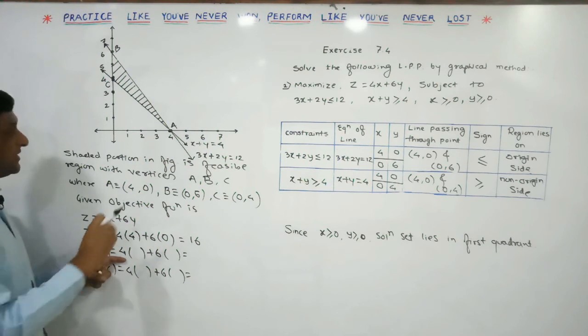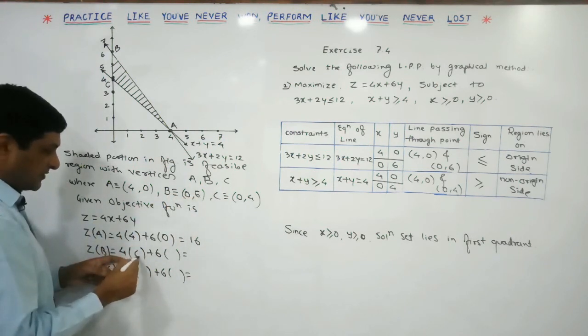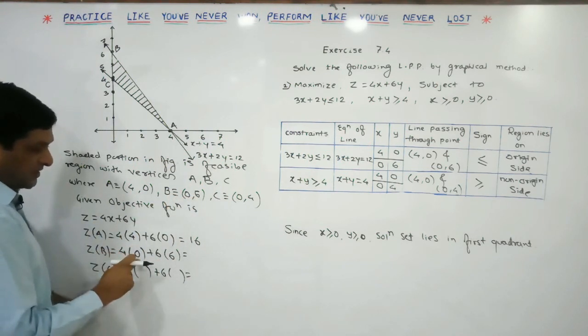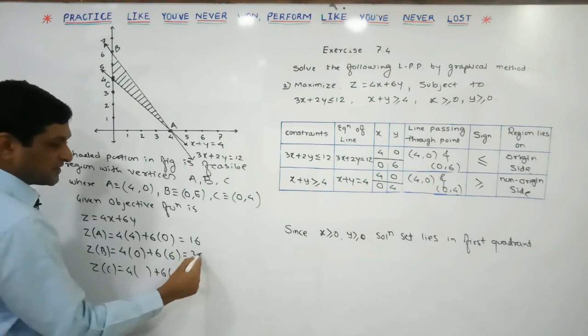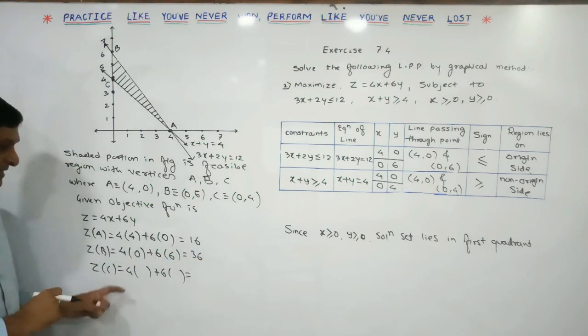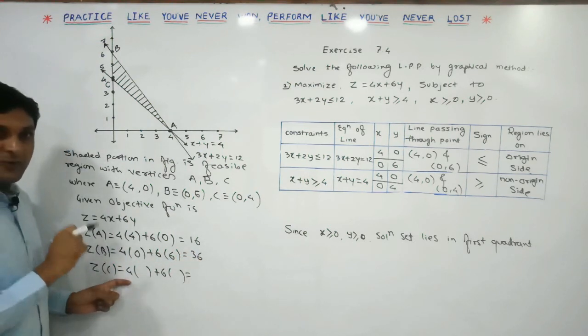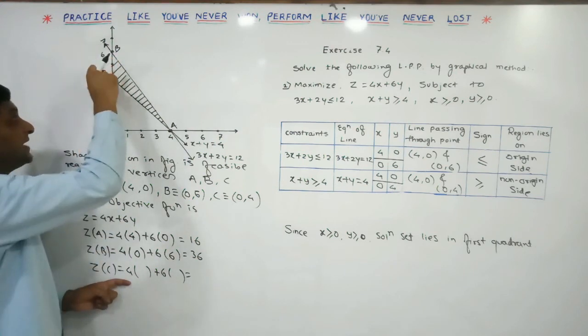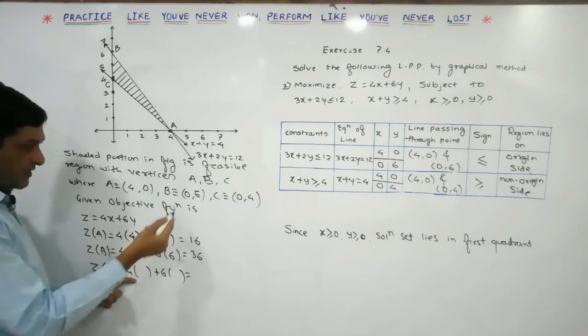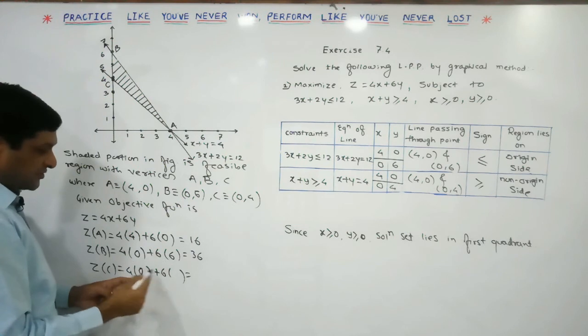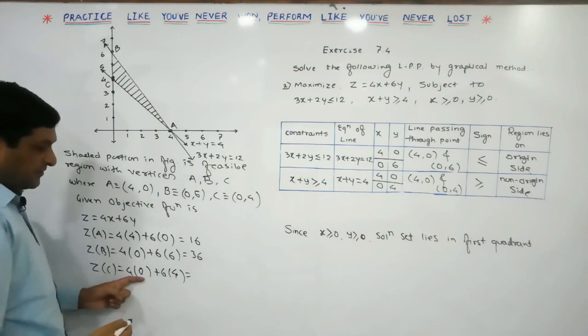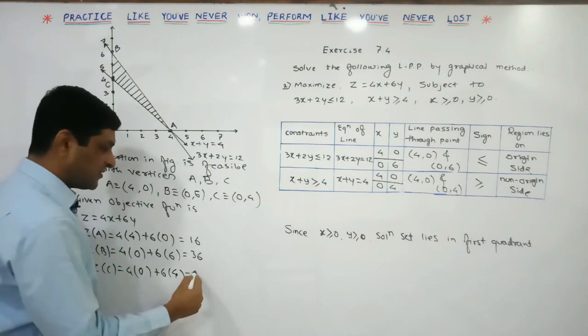For the point B, what are the coordinates? (0, 6). So here we will get 0 and here we will get 36. 6 sixes are 36. Lastly, let us find out the value of the objective function at which vertex? At vertex C. So for C, coordinates are (0, 4). So here we will get 0 and here 6 fours are 24.